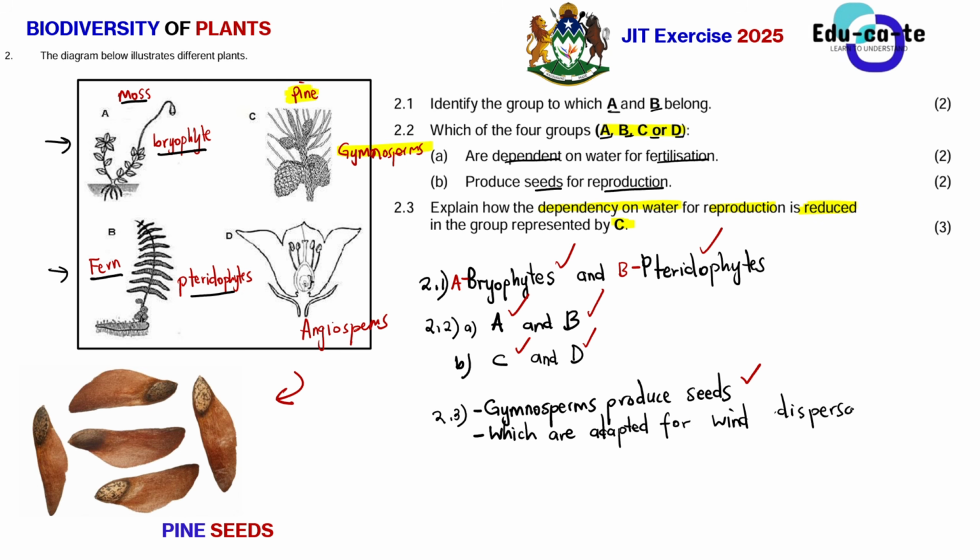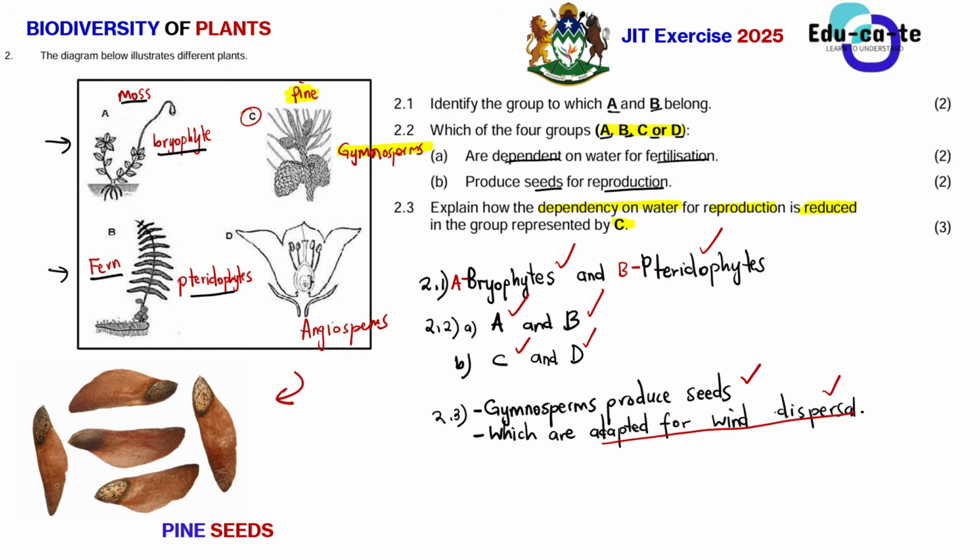So we can see that the gymnosperms, particularly the pine seeds, because we're talking about C, which is a pine tree, are adapted for wind dispersal. It simply means that they are easily dispersed by the wind. So when the air comes blowing around, they can easily be dispersed. So which are adapted for wind dispersal.